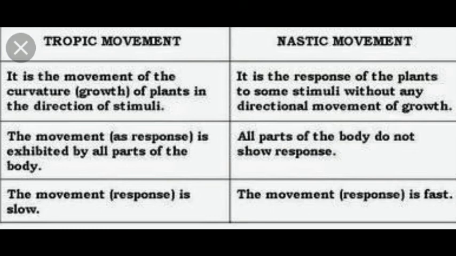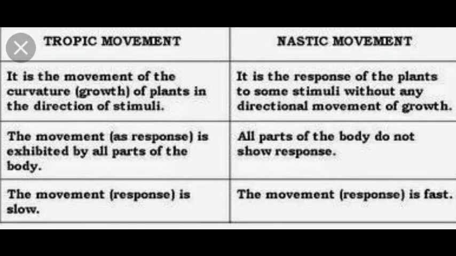Now we will see the difference between trophic and nastic movement. There are three major differences. Number one, the movement of the plant occurs in the direction of the stimuli, but in the case of nastic, it is a non-directional movement.